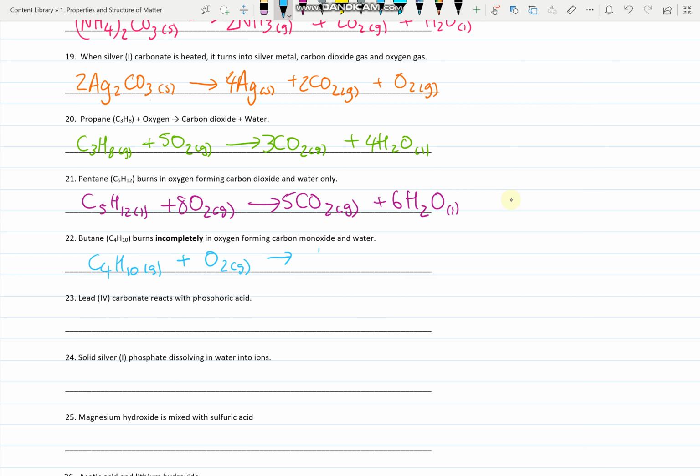Oxygen, and so all I do is write carbon monoxide instead of carbon dioxide, and do the same thing, 4, 5, and that gives me 4, 9, and so I need to put 4.5 here, and 9 over 2 is 4.5, so 4.5 times 2 is 9 oxygens. I'm happy to leave that.